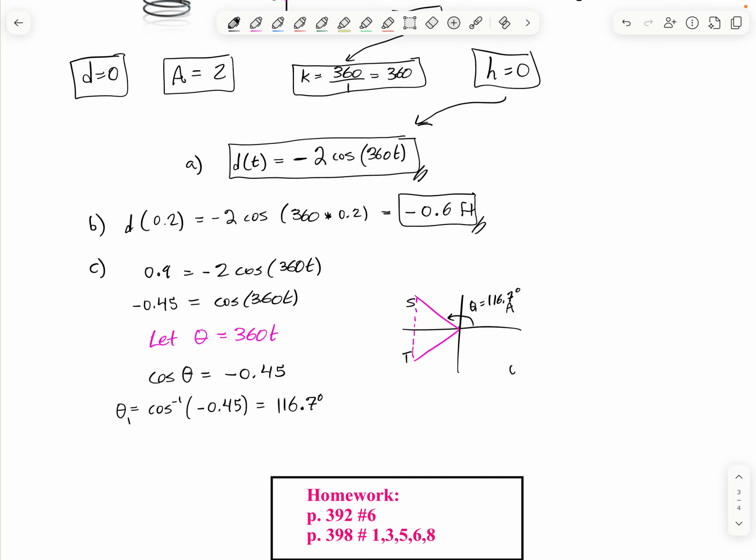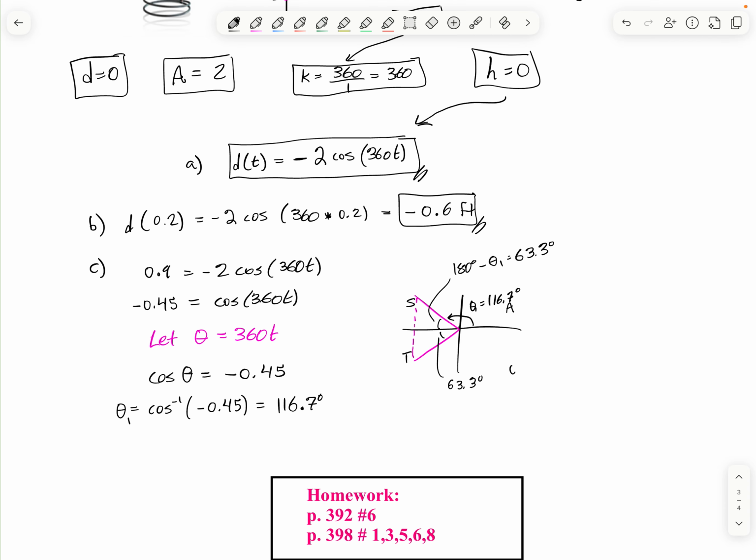You can see here, if that's theta 1, then this related acute angle would have to be 180 degrees minus theta 1, which is 180 minus 116.7, so 63.3 degrees. And you can see this is also the same related acute angle, 63.3 degrees.